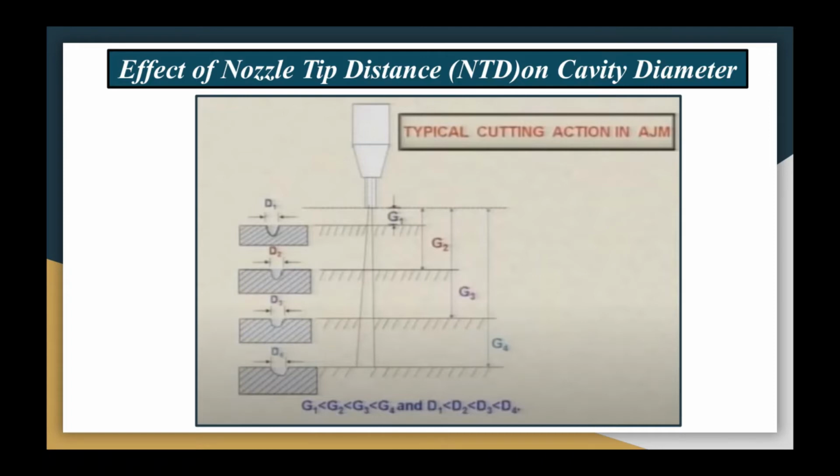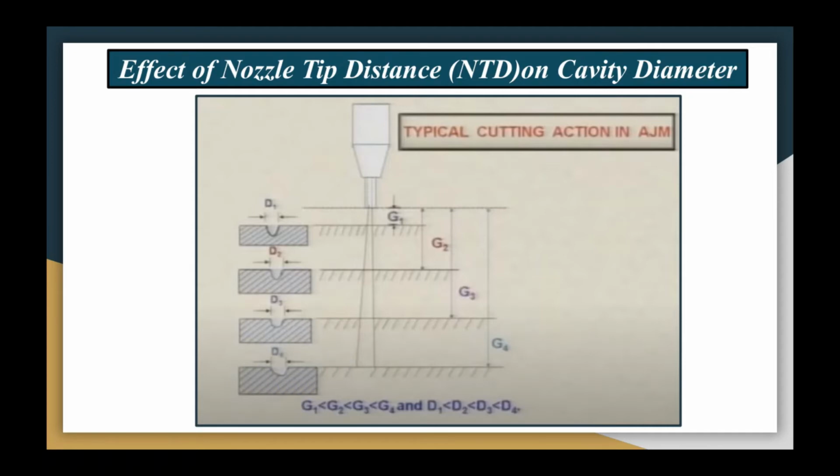Now, if you further increase this, for example to G3, then you can see here D3, and this D3 is greater than D2. And if you further increase to G4, you can see the width has increased further. However, if you keep on increasing the SOD or NTD, the depth to which the penetration is taking place will keep decreasing.